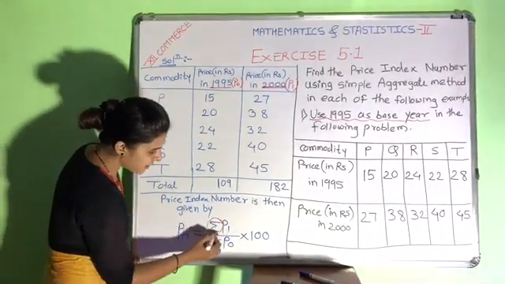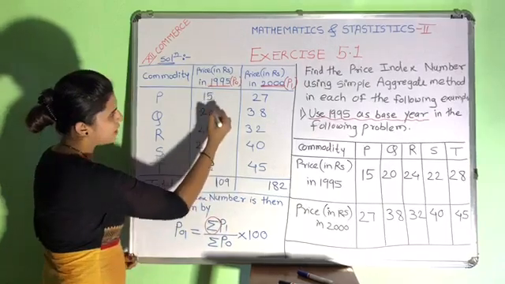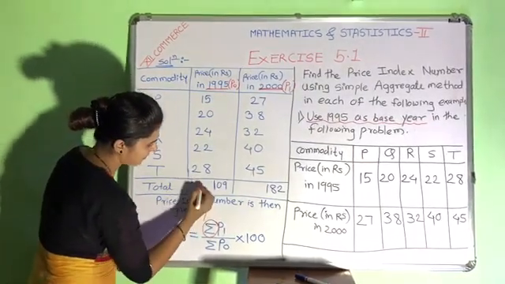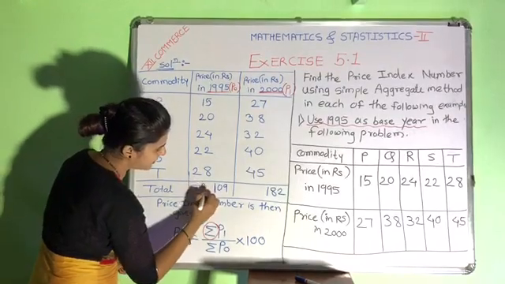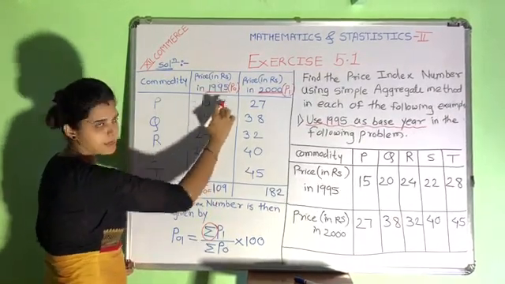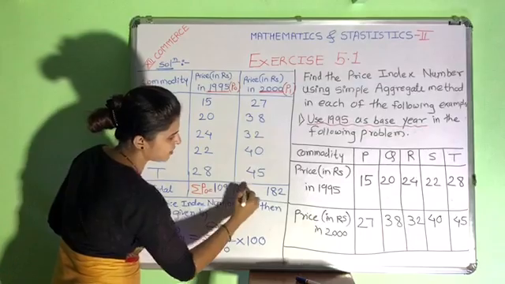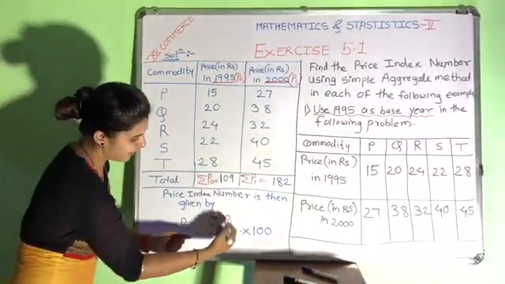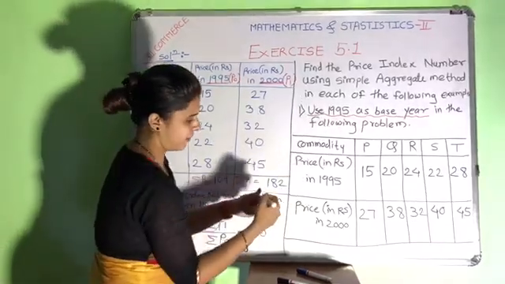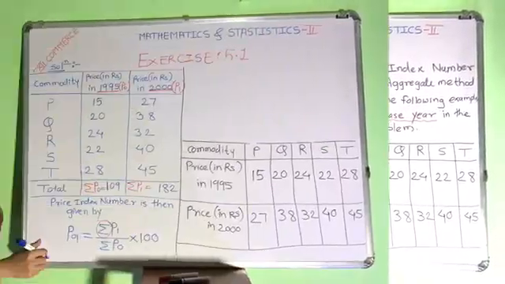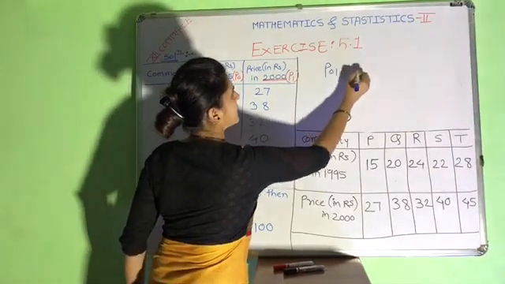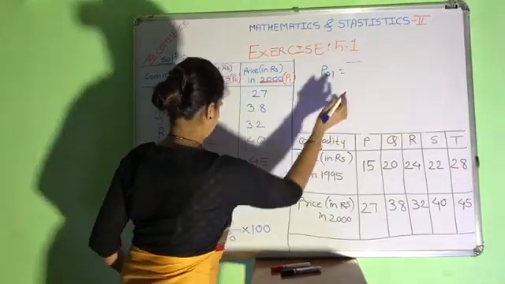We need summation P0 because base year price and this is summation P1 current year price. Now put both the values in formula and simplify. So what is next step? Now put the values in formula. P01 is equal to summation P1.